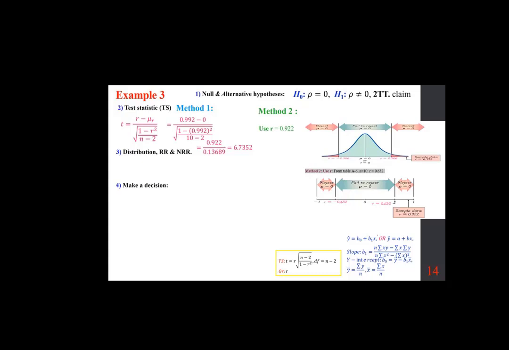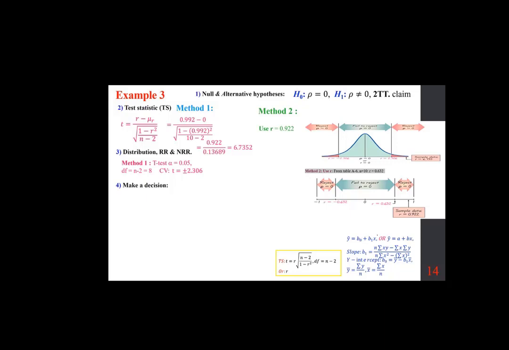We need the distribution, rejection region, and non-rejection region. R stands for rejection region, N for no rejection region. And so alpha is 0.05, degrees of freedom is n minus 2, which is 10 minus 2 or 8. And we come up with the critical values of plus minus 2.306.